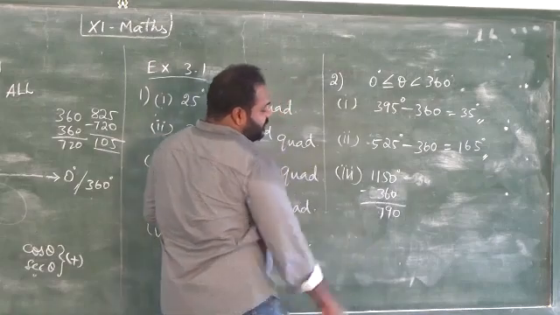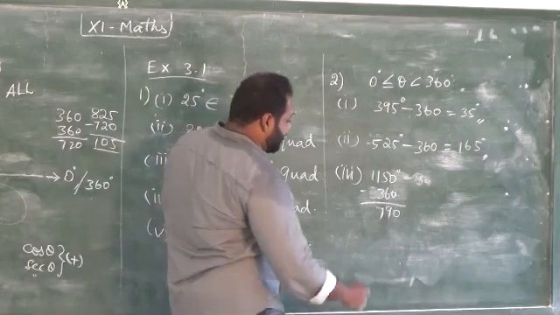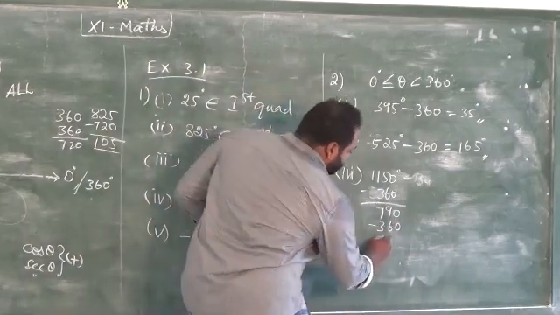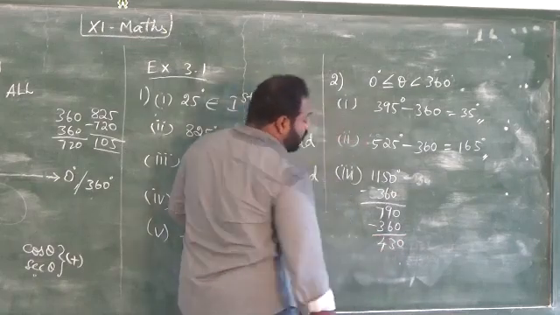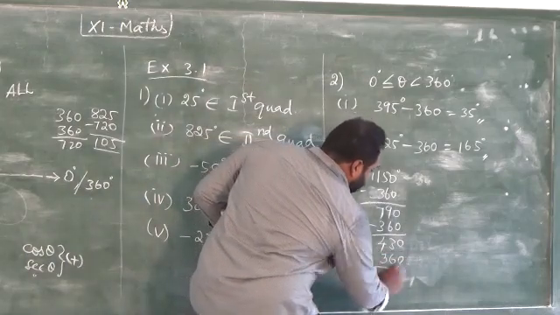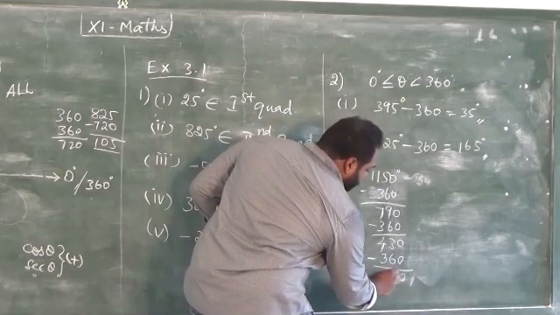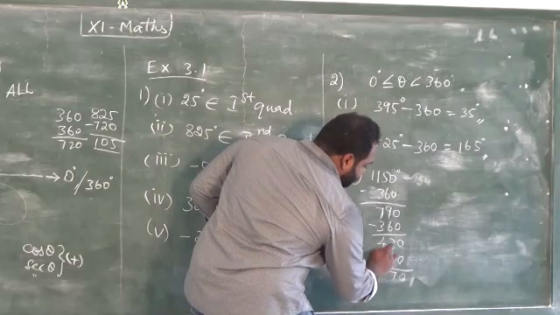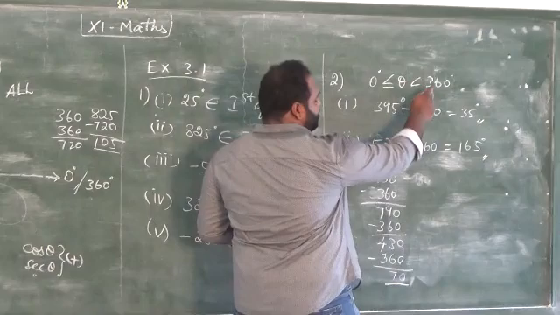Again, the value 790 is more than 360, so once again we have to subtract 360. It will be 430. Once again it is more than 360, so I have to subtract 360 once again. It is 70, which is in between 0 and 360.